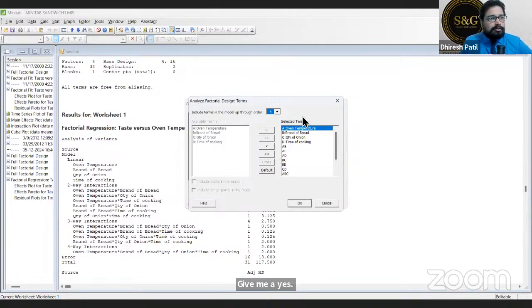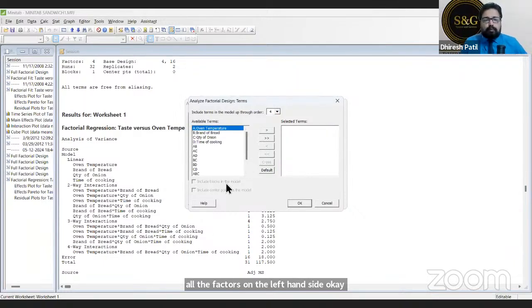Very good, very good. So now first we will select all the factors on the left hand side, okay? So I've selected all the factors on the left hand side.